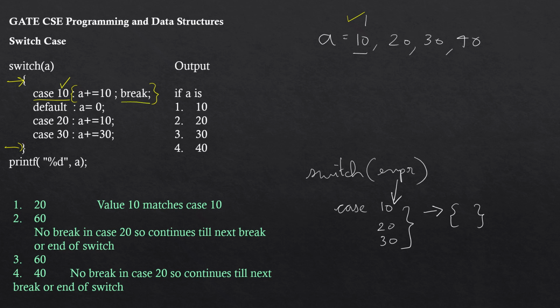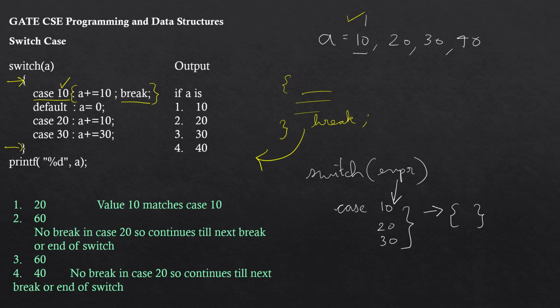What is this break going to do? Break is a way to exit a certain part. Suppose you had a set of statements and you wanted to come out of it; that is when we use break.